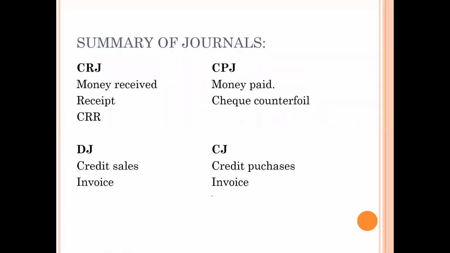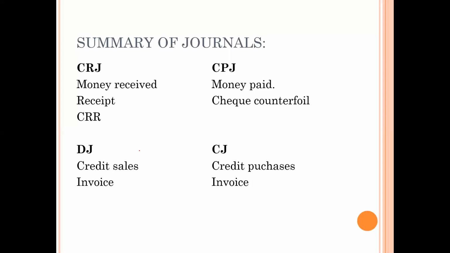Now, why do I summarize these 4 journals for you? Today we're still just going to concentrate on the Creditors Journal. But next week or so, I'm going to start giving you combined exercises. What do I mean by combined exercises? I'm going to give you a lot of mixed transactions.